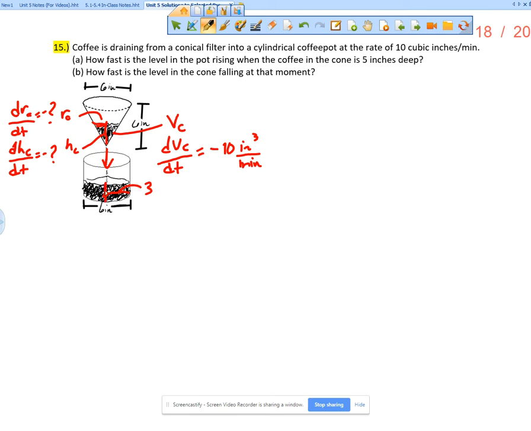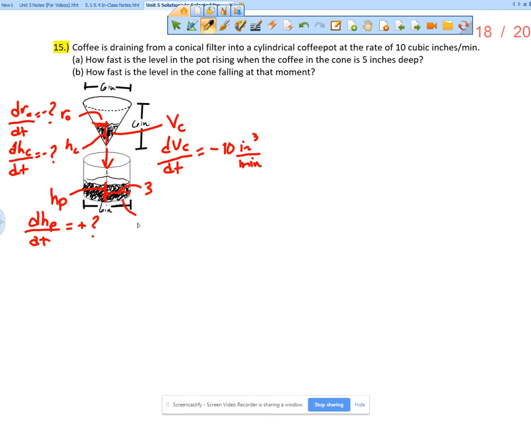However, there is a particular depth of coffee, which is changing, so I'm going to call it H sub P. Since it's changing, there is a dH sub P dt, which is some positive value that we do not know. Why is it positive? Because as coffee flows into the pot, the level of coffee is rising.